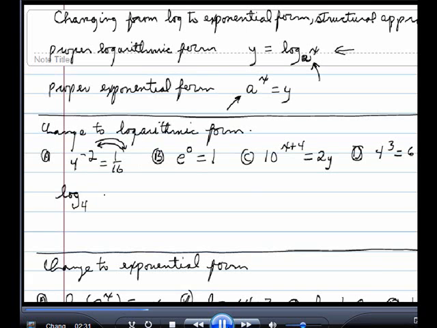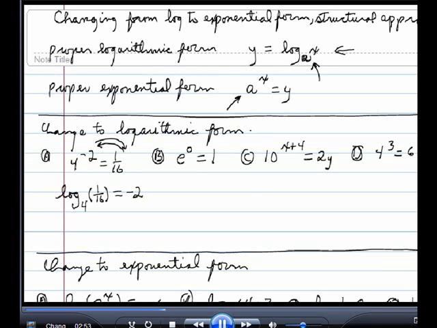Now, the next thing I want to do is switch the numbers 1/16 and -2. The 1/16 will come over by the 4, so this will be 1/16 right here. And the -2 will move to the other side where the 1/16 was, and that's how we change from exponential to logarithmic form.